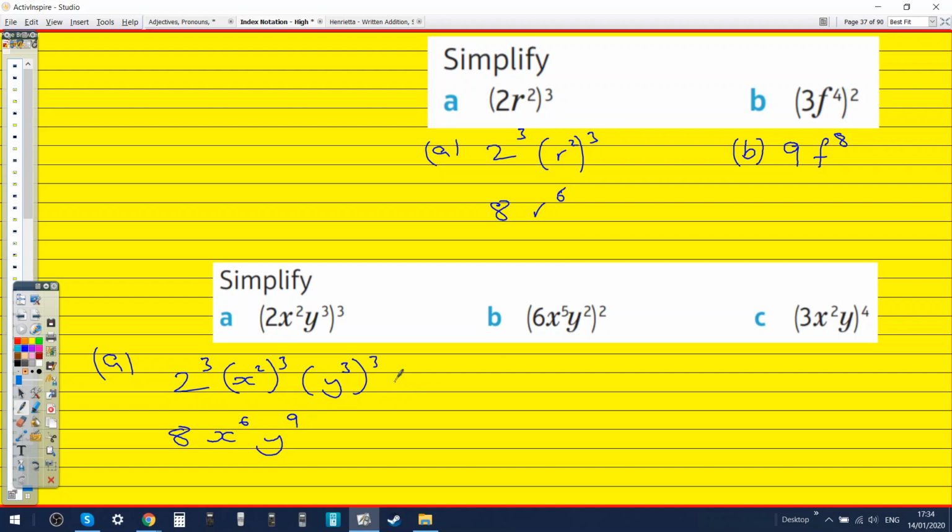How about question B? So it is 36 and x10 y4.